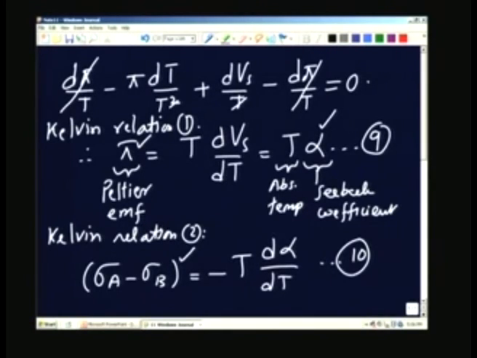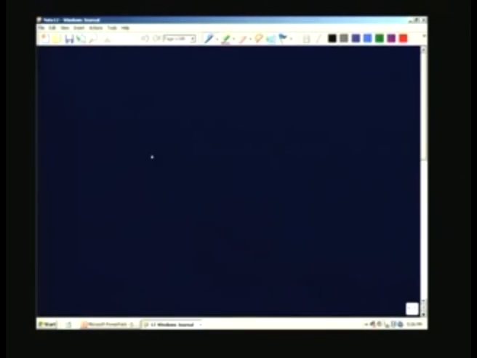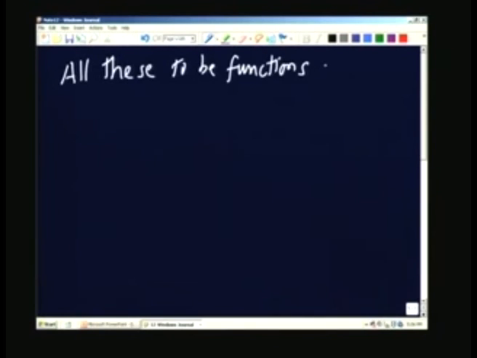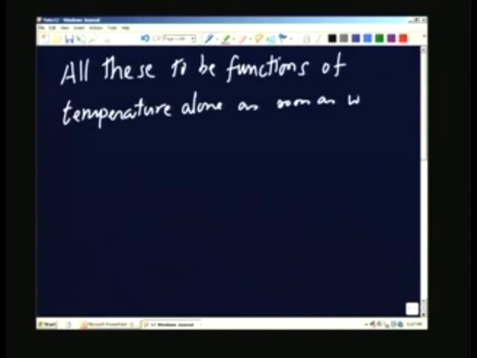And in fact, we will notice that we expect all these to be functions of temperature alone, as soon as we have chosen A and B. This is a very important observation.